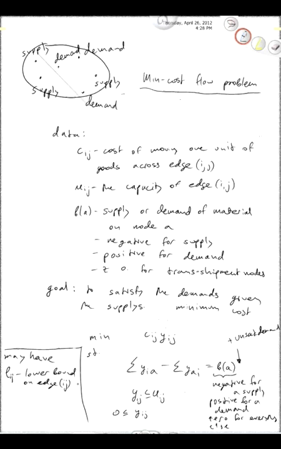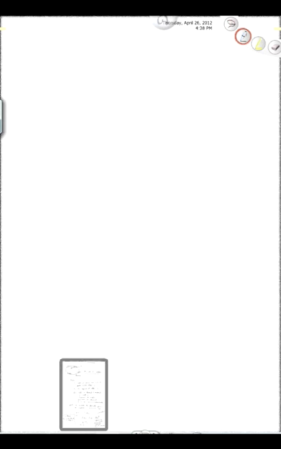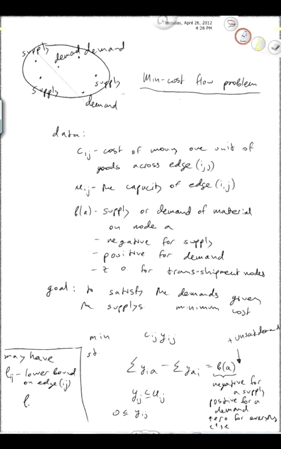And you can think of this as maybe a contractual obligation or something like that. And the way we can incorporate this into this problem is just by adding constraints like this, that Lij has to be less than or equal to Yij. In this way, we make sure that the number of trucks going across the edge has to be at least the amount that we required.